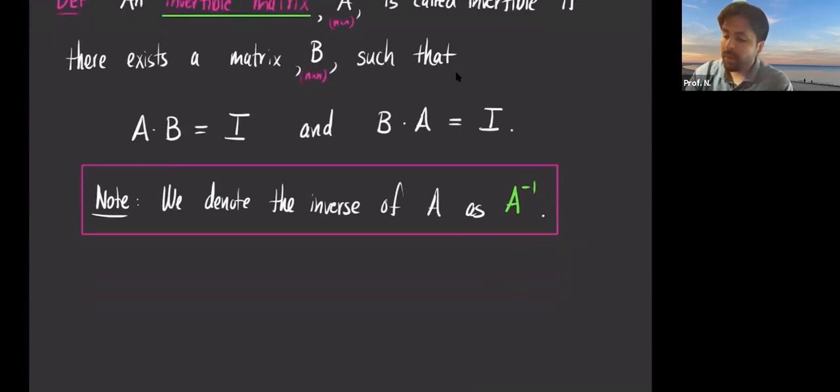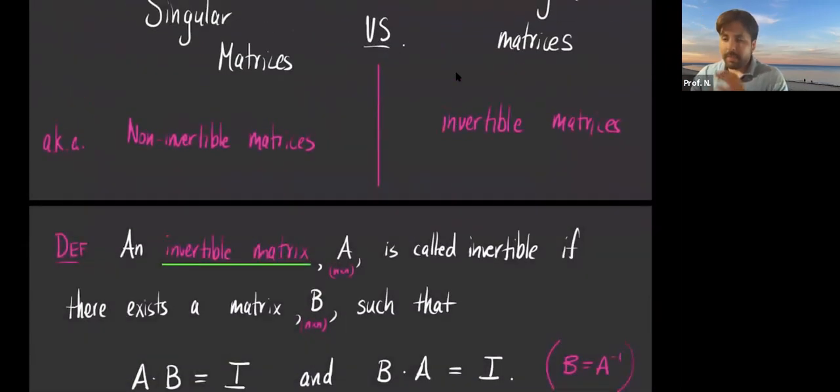So another way to write what we just wrote, A times B equals I, is that B would be A inverse. So then we would say B is equal to the inverse of A. If you have a matrix that when you multiply with the matrix A gives you the identity, and if you switch the order, it also gives you the identity, then that matrix B is the inverse of A. And if such an inverse exists, then we call A non-singular, or in other words, invertible. Make sense?